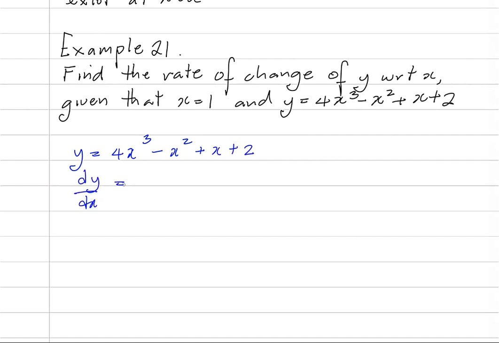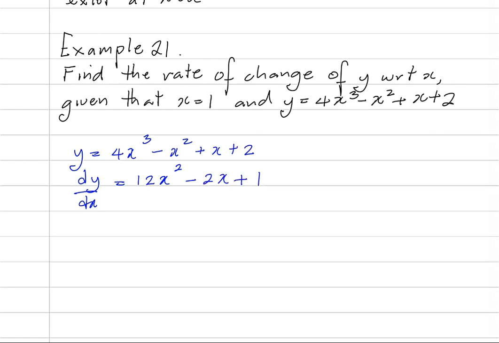So dy by dx is telling me how y is changing with respect to x. So dy by dx is the rate of change of y with respect to x. So 3 times 4 is 12x squared, and you decrease the power by 1, minus 2 times x, and you decrease the power by 1. When you differentiate x, you get 1. And when you differentiate 2, which is a constant, you get 0.